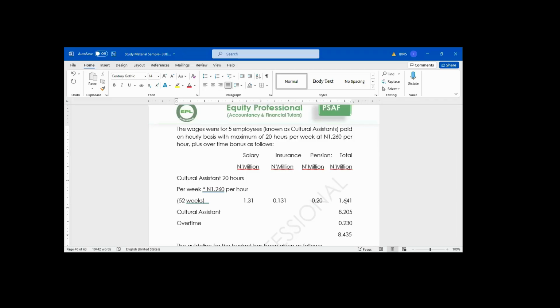How many staff are receiving wages? 5 employees. Look at this question. Total wages for one employee is 1.641.